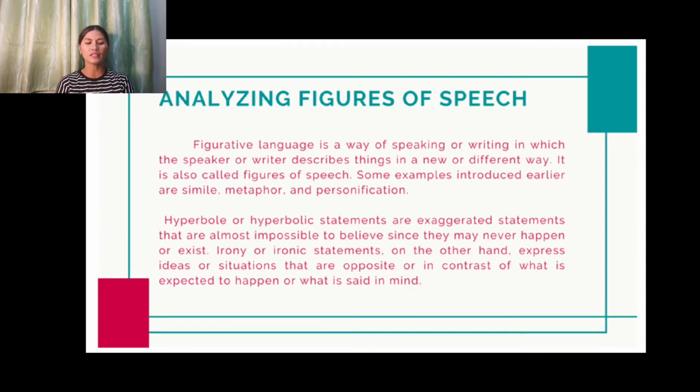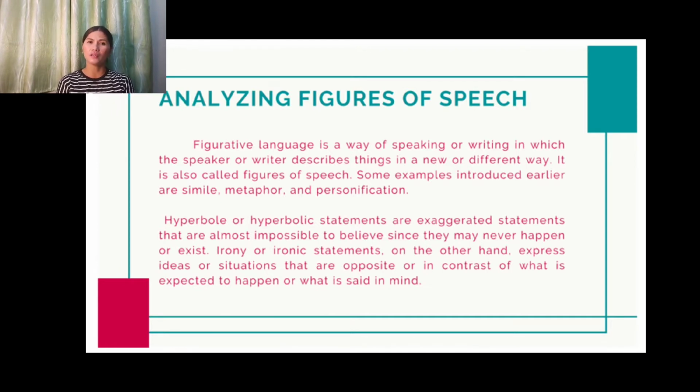Hyperbole or hyperbolic statements are exaggerated statements that are almost impossible to believe. So always remember that hyperbole is an exaggeration, and hyperbolic statements are things impossible to believe, since they may never happen or exist.